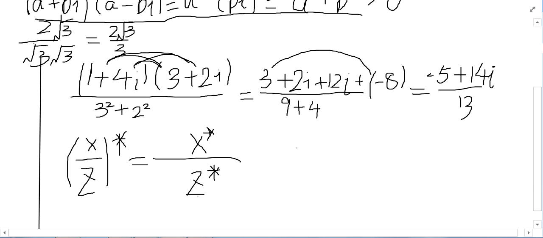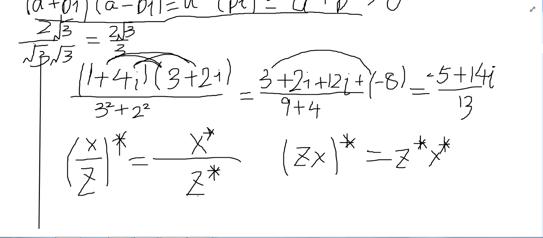Similar to the multiplication rule, where you take the product of two complex numbers and then complex conjugate it, it equals z star times w star. You could prove it using the Cartesian form of complex numbers, but we'll come back to it after we have learned about the exponential form of complex numbers, which is very useful in calculations involving multiplication and division.